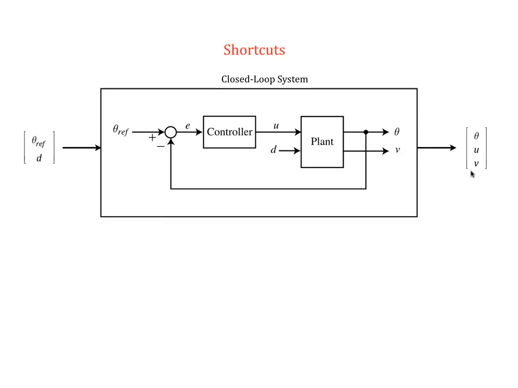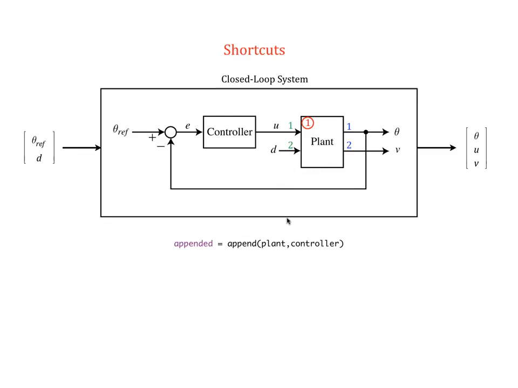So for starters, I'm going to run the append command. I'm going to append the plant and the controller in the order shown here. So up in this block diagram, I will label that the first appended system is the plant, and I put this 1 in the upper left-hand corner. I label its inputs 1, 2 in a certain color. I label its outputs 1 and 2 in another color.